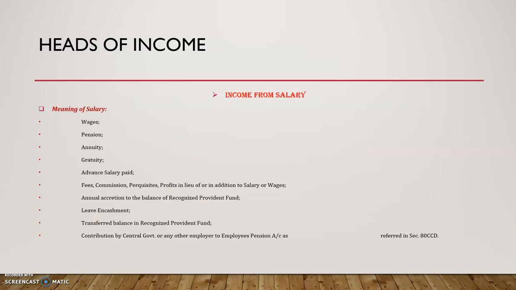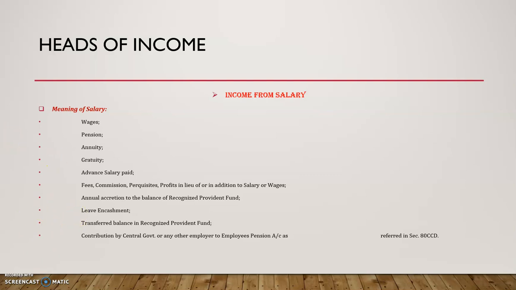Now coming to the heads of income, as I told you that there are 5 heads of income. Now we will study income from salary in a little bit more detail. So what are the earnings which would be regarded as income from salary?